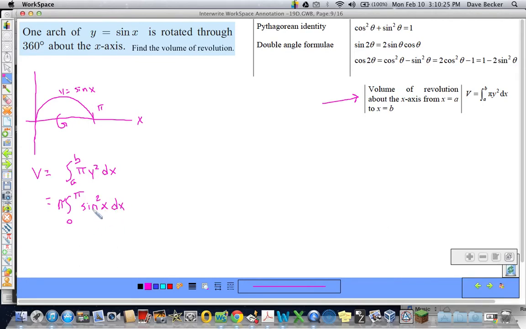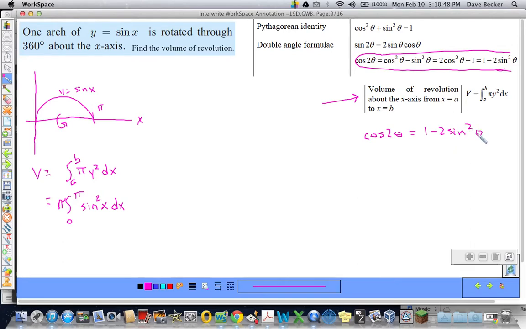We do not know how to integrate sine squared x, so we have to go to our formula sheet. Either we already know this by heart or we can solve for it, so we can substitute for sine squared x. A little bit of algebra and trigonometry going on here. I know that cosine 2 theta equals 1 minus 2 sine squared theta.